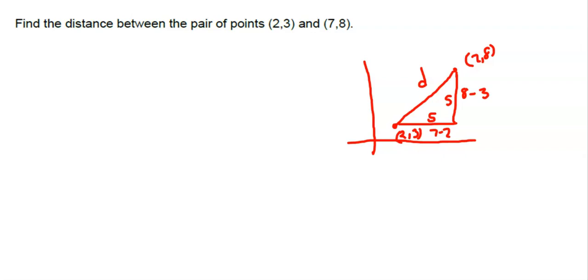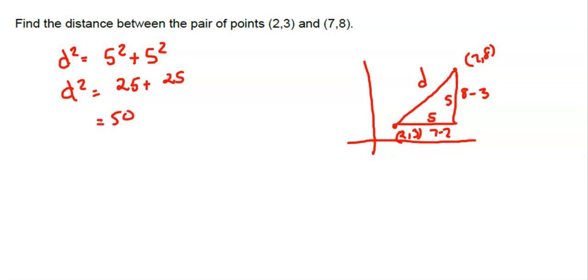The Pythagorean theorem tells us that the square of that hypotenuse is equal to the sum of the squares of the other 2 sides. So the square of the hypotenuse is 25 plus 25, or 50. But we want to know what the hypotenuse is because that's the distance between the 2 points.